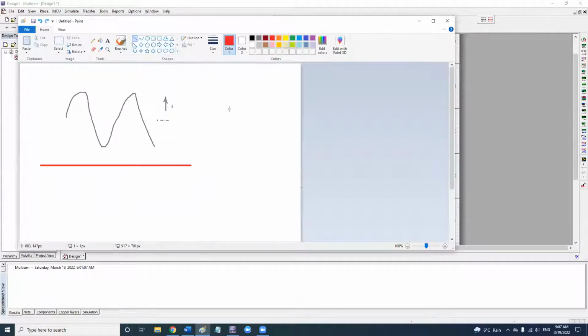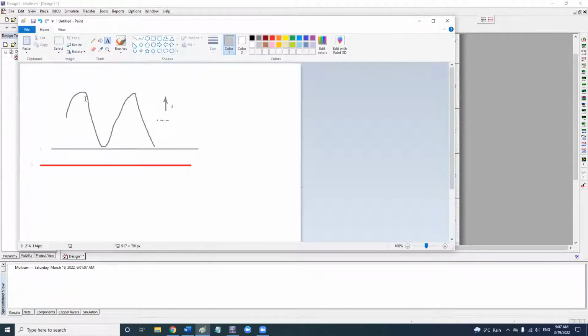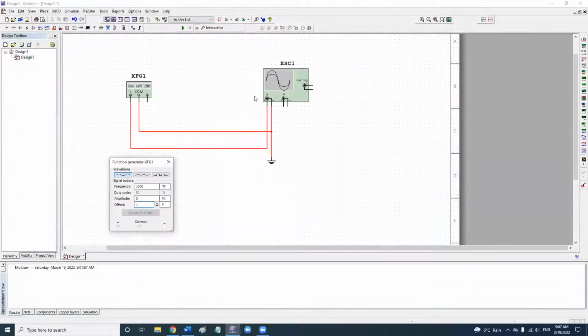It will be 1 volt above, so everything shifts up. Let me use a different color so I can show it. So this will be your 0, and this will be your 1. So everything shifts up. Maybe I didn't explain well, but you will see it when you do this. Actually, when we run it, it will be more clear.